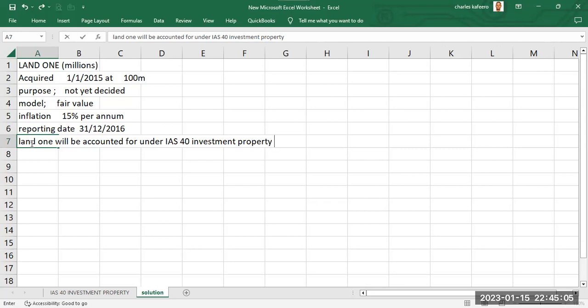Then you put a reason why is it going to be accounted for under investment property, since nothing has been decided, nothing had yet been decided regarding its purpose.